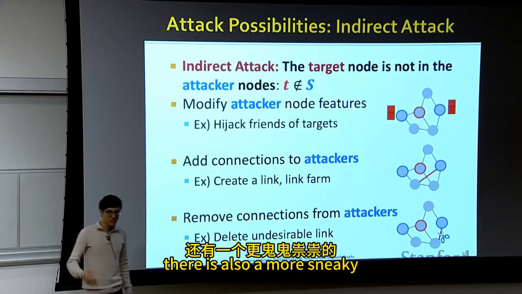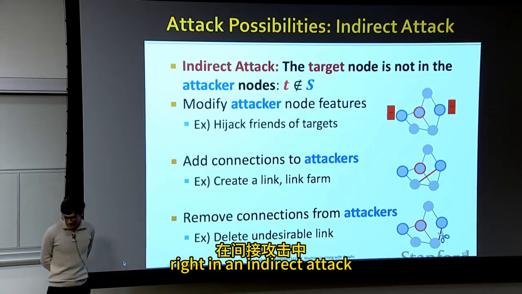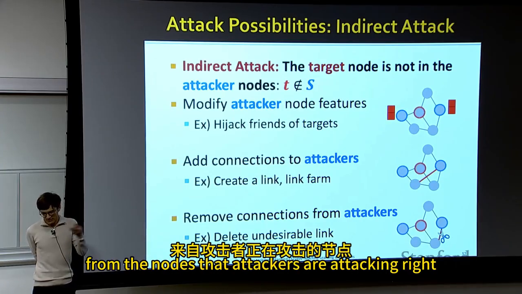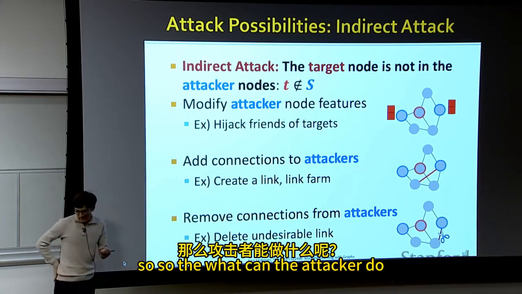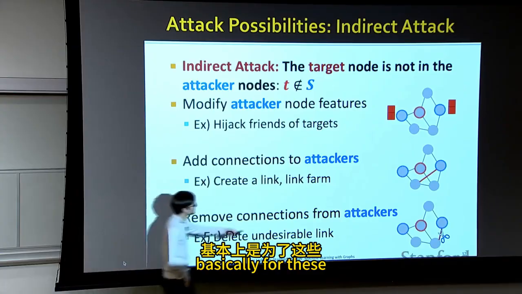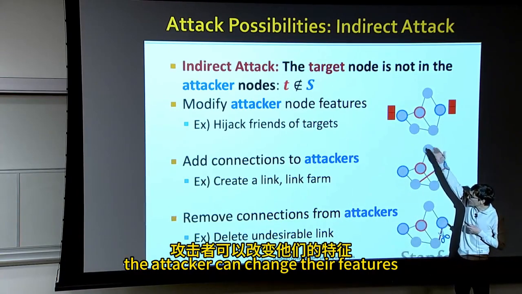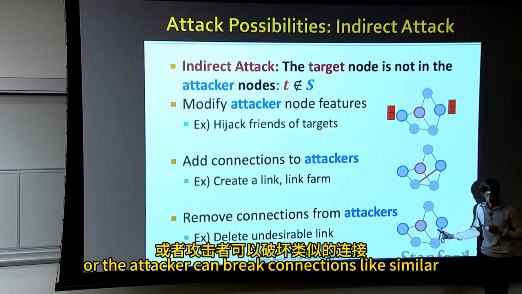There is also a more sneaky indirect attack, right? In an indirect attack, the target node is different from the nodes that the attackers are attacking, right? So what can the attacker do? Basically, for these attacker nodes here in blue, the attacker can change their features, the attacker can add connections, or the attacker can break connections.